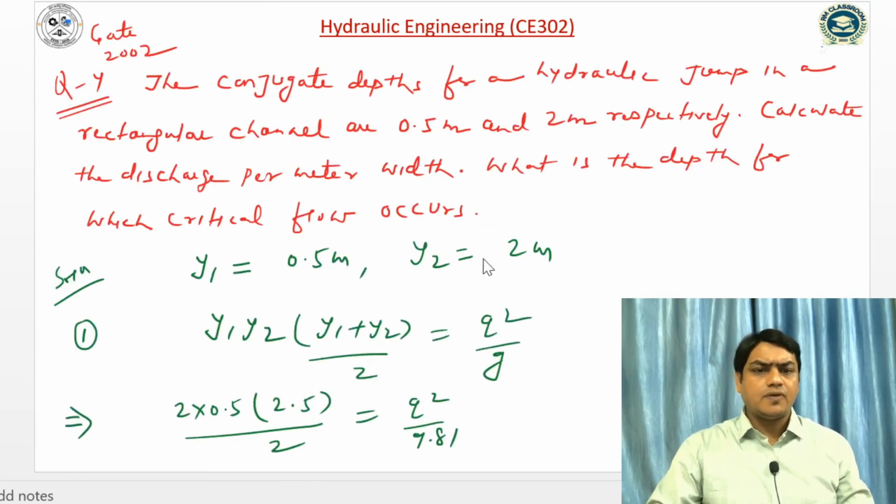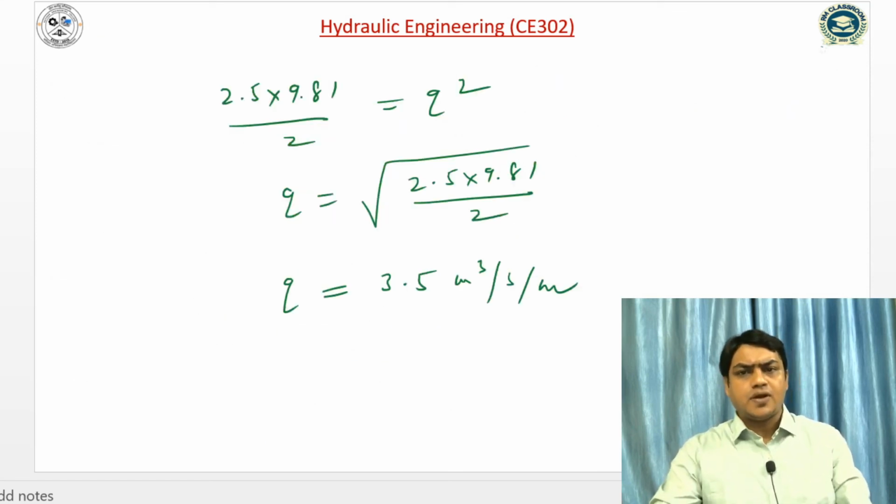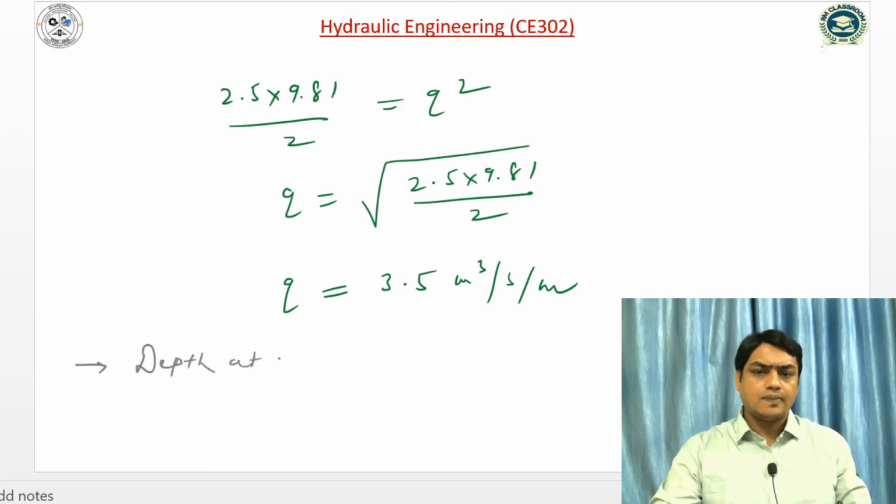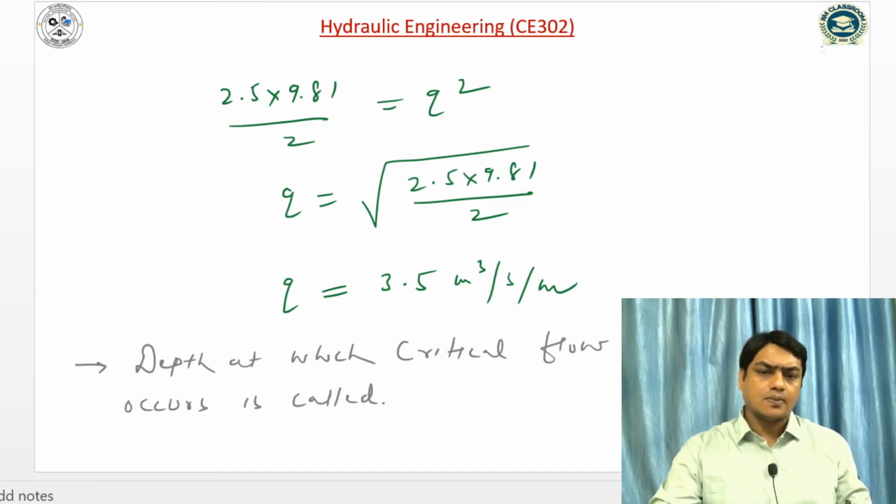In the second part, we have to find the depth at which critical flow occurs. The depth at which critical flow occurs is called the critical depth, YC.